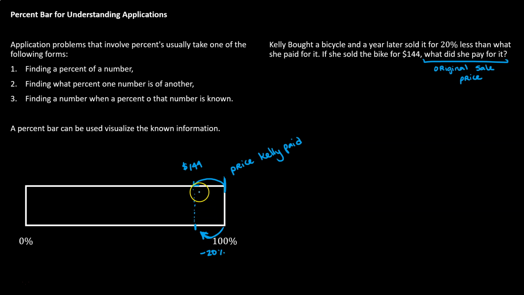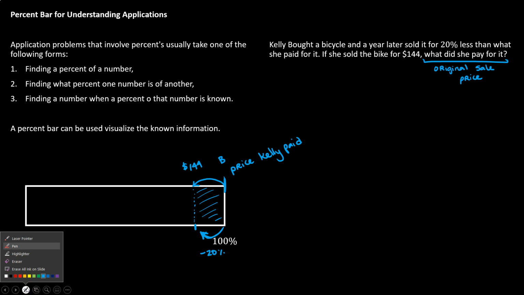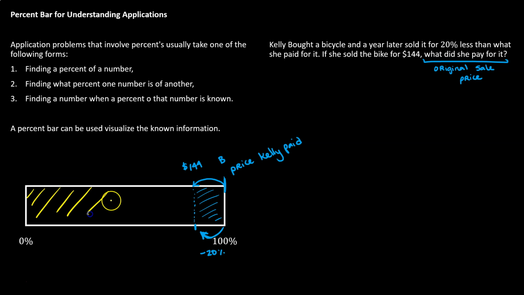Now, we're not looking for this. We're not looking for 20% of what Kelly paid. We want to know what the base was. And to set up this proportion, the best way to do it is to find the percent on the left-hand side. Now we know that the blue, the right-hand side, is 20%, which means that the left-hand side has to be the remaining percentage.